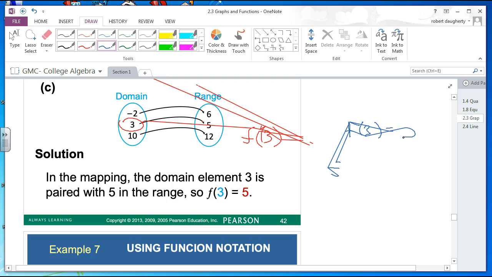I'm having trouble with my board writing here. I'll have to start that in just a moment. So f of 3 equals 1 in this particular case.